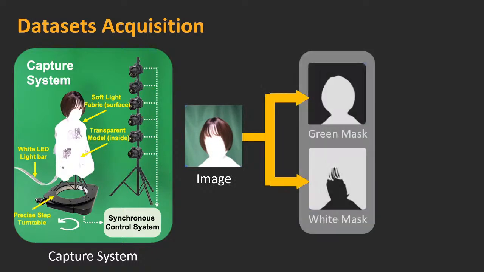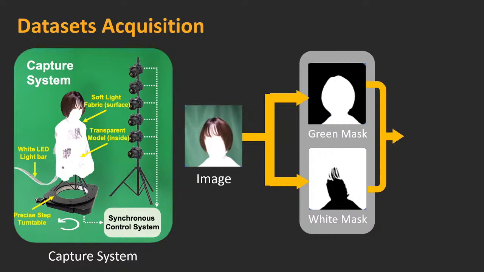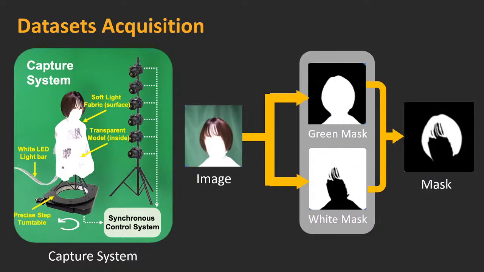Then to obtain alpha without loss of rich details from fuzzy objects, we apply both a 3D keyer and a deep learning-based matting algorithm. Firstly, we key out both green and white from the image to extract a preliminary foreground mask.